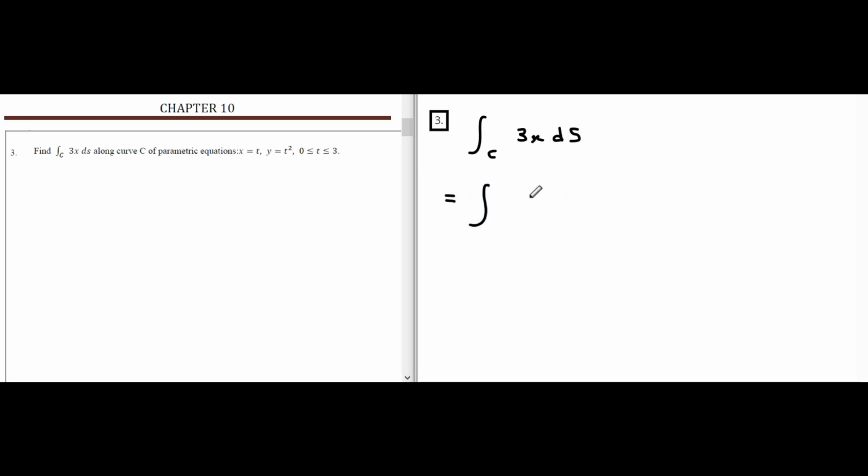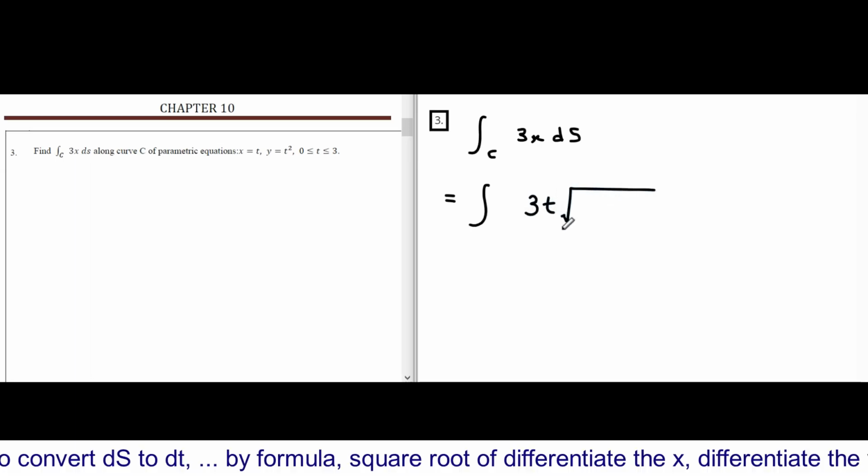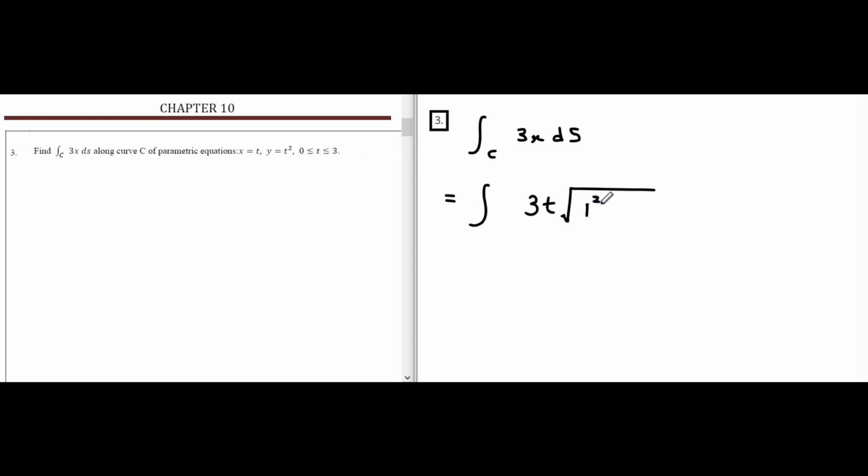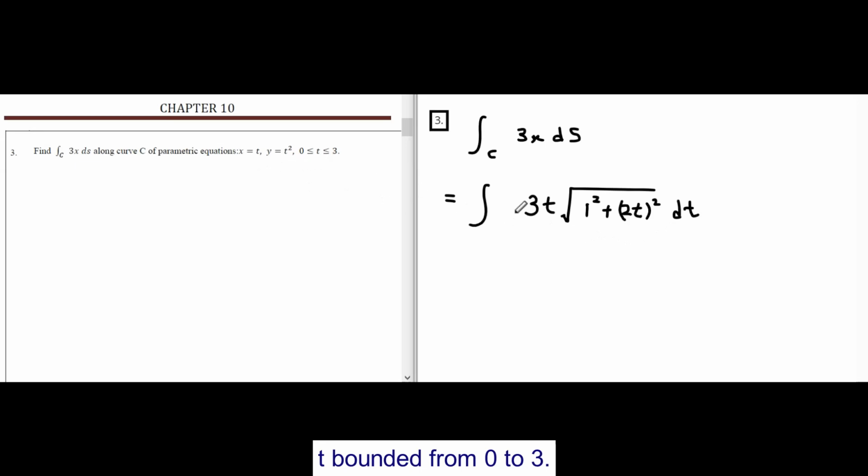Substitution. To convert ds to dt, by the formula, the square root of differentiate the x, differentiate the y, dt. T bounded from 0 to 3.